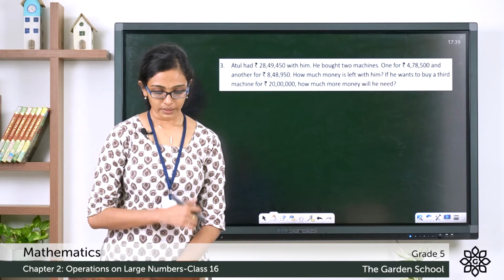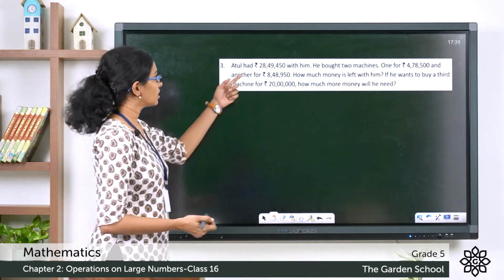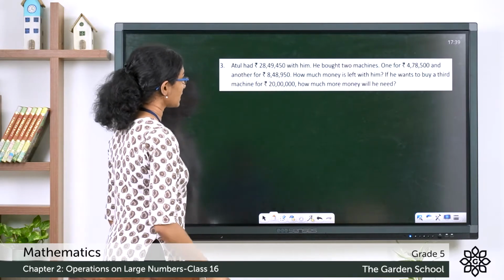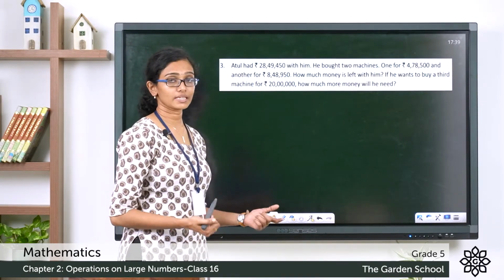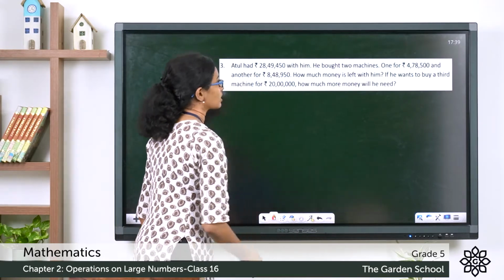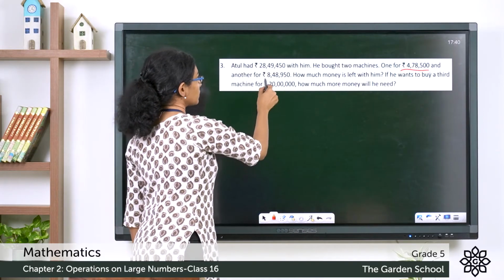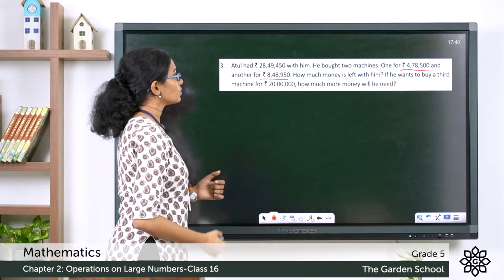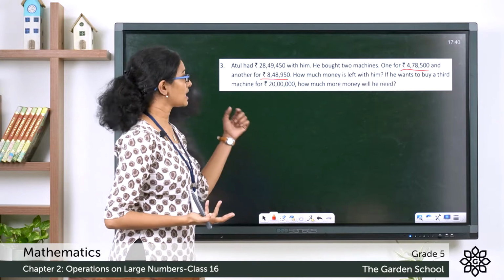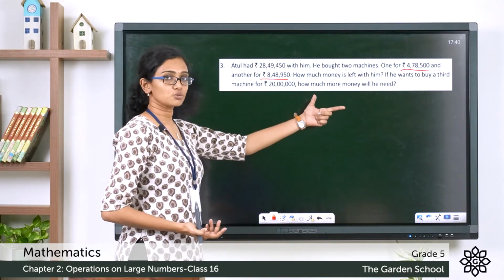So, in the question, it said that Atul had rupees 28 lakh 49,450 with him in the beginning. And he bought two machines, one for this much and the other one for this much. So, the first part of the question is how much money is left with him after buying these two machines.